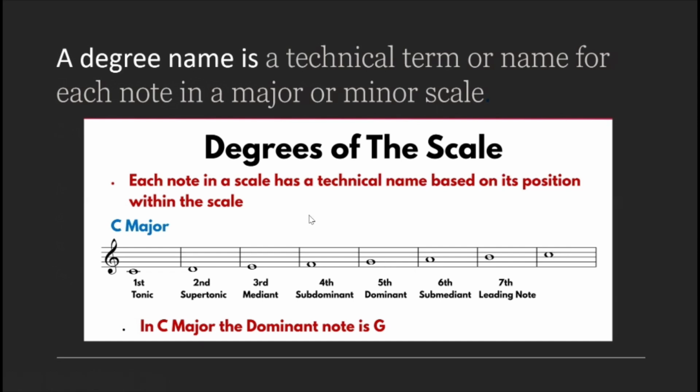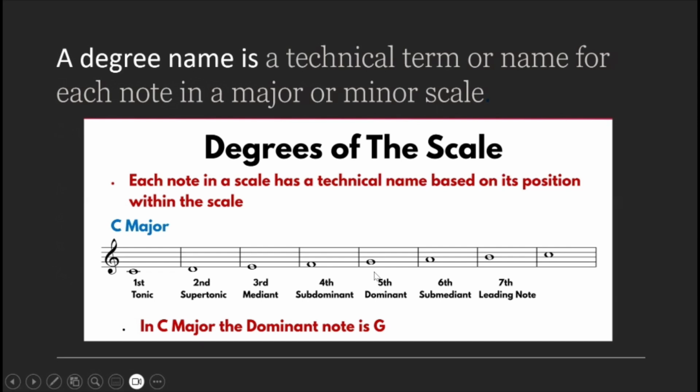Now, the first note of the scale, which is do, the technical name or the degree name is tonic. The second note on the scale is known as supertonic. The third note is the mediant. The fourth note is the subdominant.